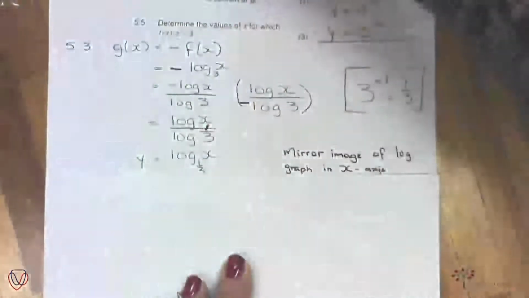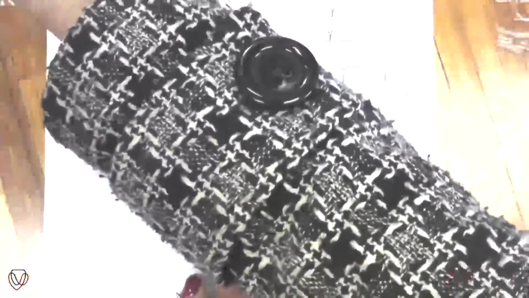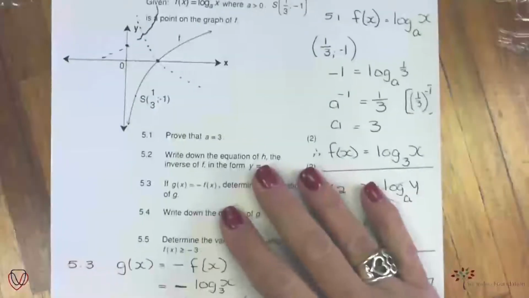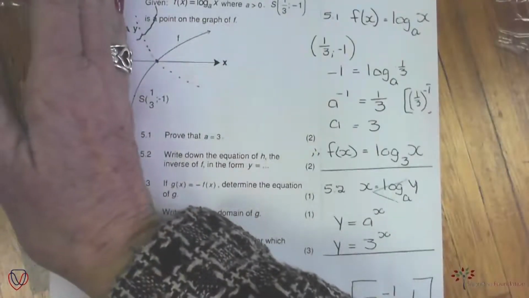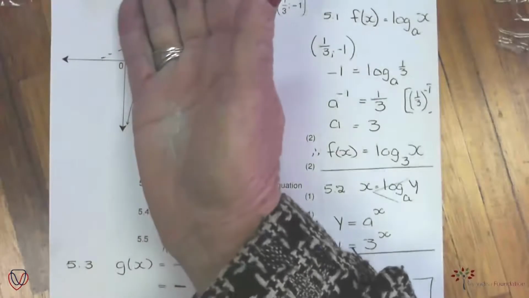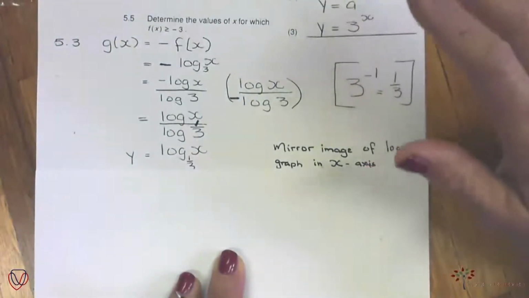And the graph never goes past that y-axis. So which x values does this graph occupy? If you look at this mirror image, it will always stay on this side of my x-axis. In other words, what will the domain be?